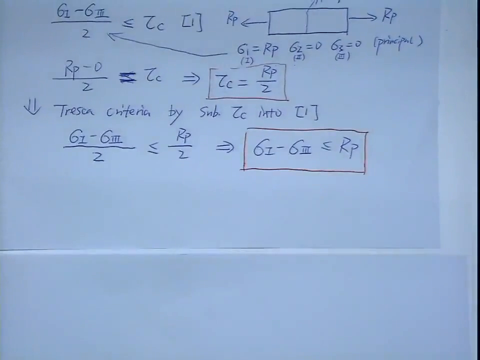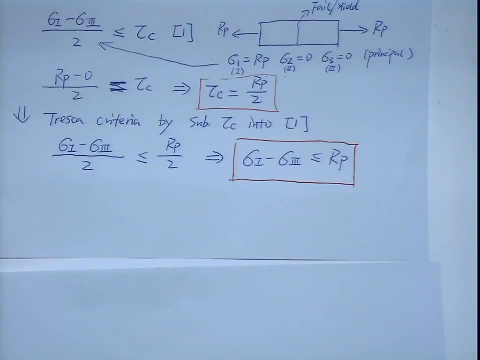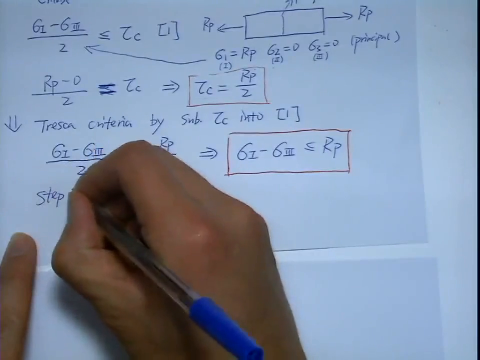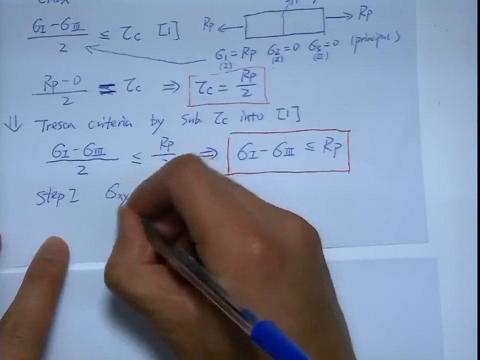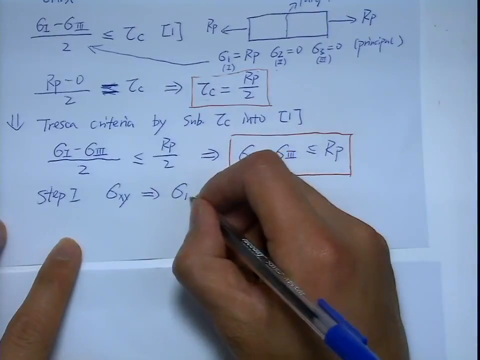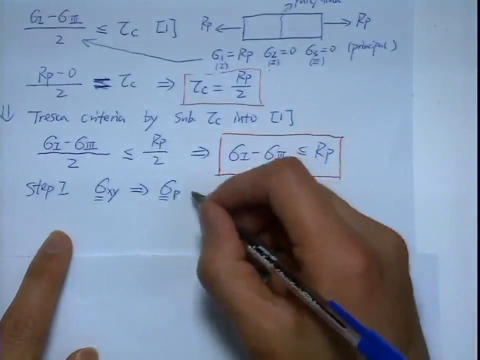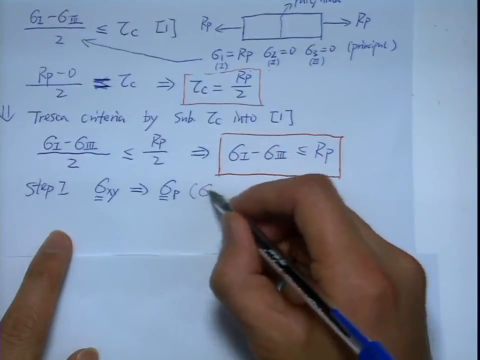So if you look back to the equation here, it's very simple. Basically, if you are given a 3D general stress state, what you need to do, step 1, is convert this multi-axial stress state into a principal stress state. So step 1, just change that x to principal stress state, let's say P. And then you have these 3 values.